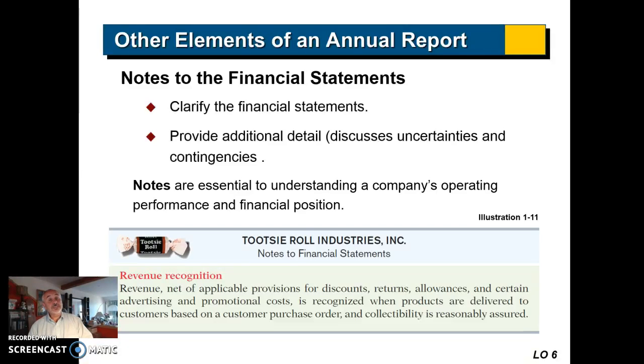What this statement is simply saying is we don't count our sales when we ship our Tootsie Rolls. We only recognize revenue when we are sure that the delivery has occurred and we are reasonably assured that the company who received our product can pay us back.